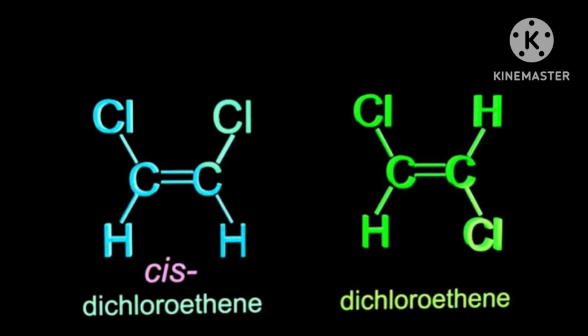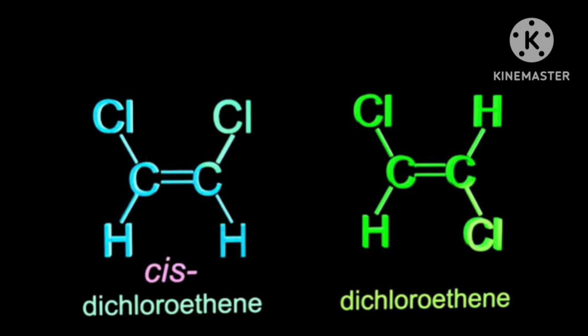Doubly bonded carbons have to satisfy the remaining 2 valences by joining with 2 atoms or groups. If the 2 atoms or groups attached to each carbon atom are different, they can be represented by xy, xy or xx, xy.